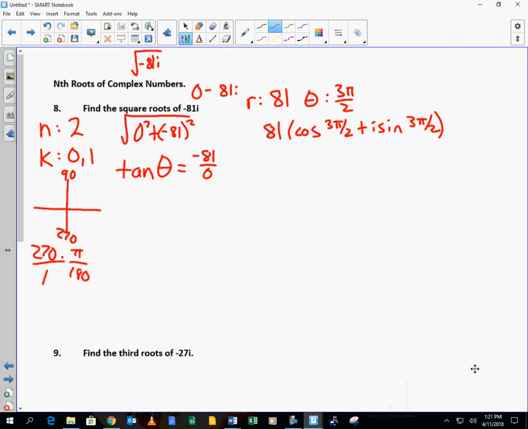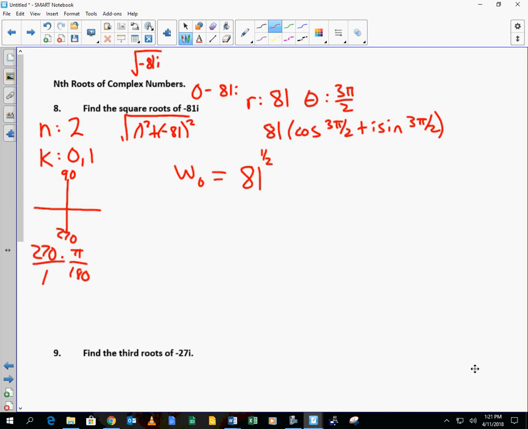I now need to go to work. I'm going to find the value of W sub 0. So I'm going to start out with my formula. I have W sub 0, and I take R, which is 81, and what do I do with that? I raise it to the 1/2 power.